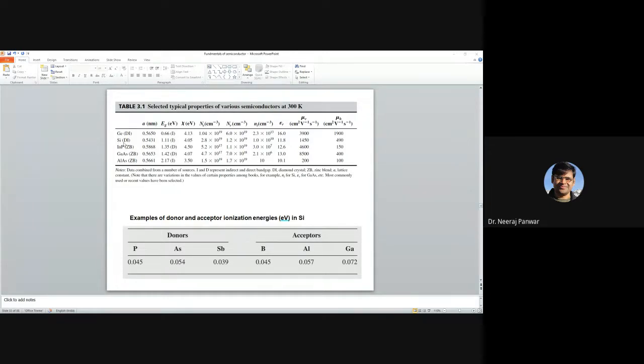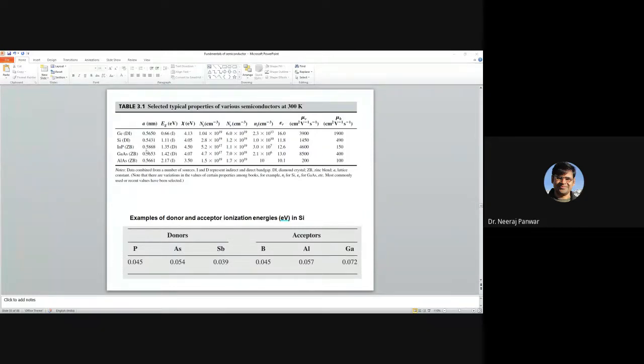It is two interpenetrating FCC lattices displaced at quarter position with respect to the other unit cell. So germanium and silicon possess the diamond structure, and a is the lattice constant. Because the structure is cubic, the length of the unit cell in all dimensions would be the same, and it is 5.65 angstrom for germanium and 5.431 for silicon.